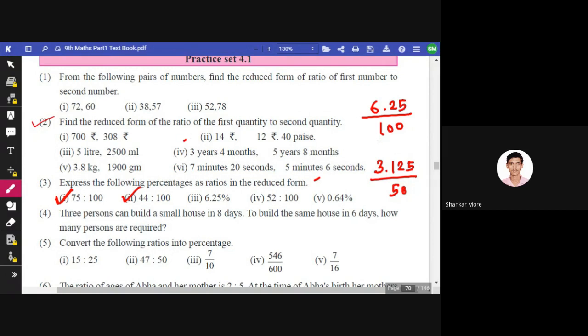Okay, don't do it. Take out your calculators and divide 100 by 6.25. Divide 100 by 6.25. What is double of 6.25? Double of 6.25 is 12.5, right? Double of 12.5 is 25, and 25 fours are 100.